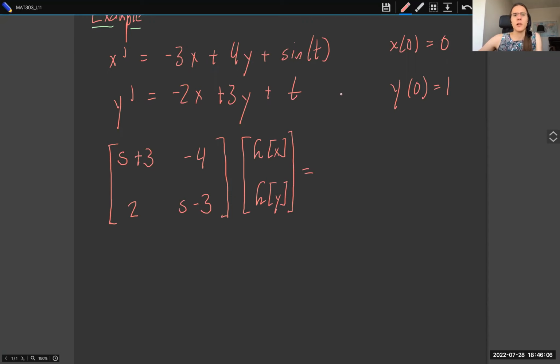And that's going to equal the Laplace transform of sine t plus these components.